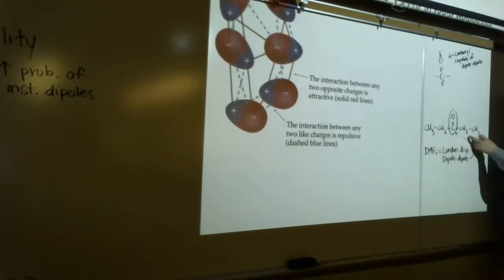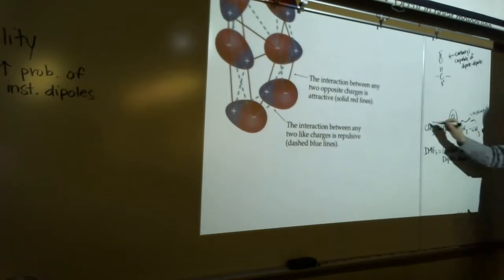This and this, they're not capable of dipole-dipole because a carbon-hydrogen bond is nonpolar, right? You can't share electrons unevenly if your electronegativities are the same. So this part and this part, that's nonpolar, right? These pieces are nonpolar. This part's nonpolar as well.